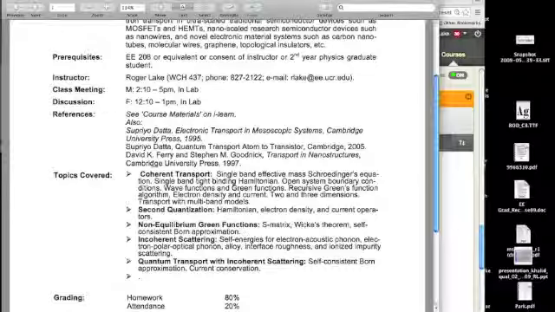We're going to spend most of the course talking about coherent transport, which means there are no inelastic scattering mechanisms in the device. We're really just solving Schrodinger's equation to calculate transmission coefficients in numerically efficient ways, and recasting Schrodinger's equation in the form of what's called non-equilibrium green functions.